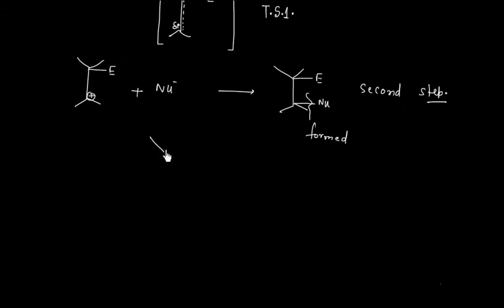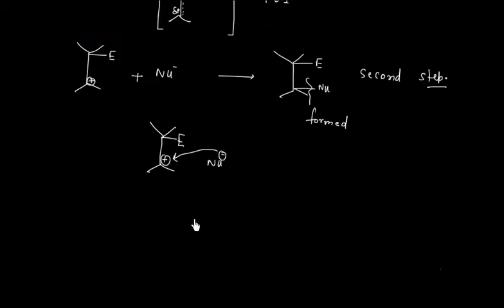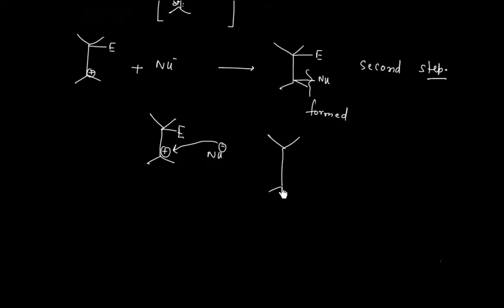So what is happening actually? This nucleophile is attacking on this carbon. So carbon-nucleophile bond formation is partial. Some positive charge is neutralized by negative charge of nucleophile and some negative charge is also neutralized, so it will have some delta minus charge. So this is transition state 2.